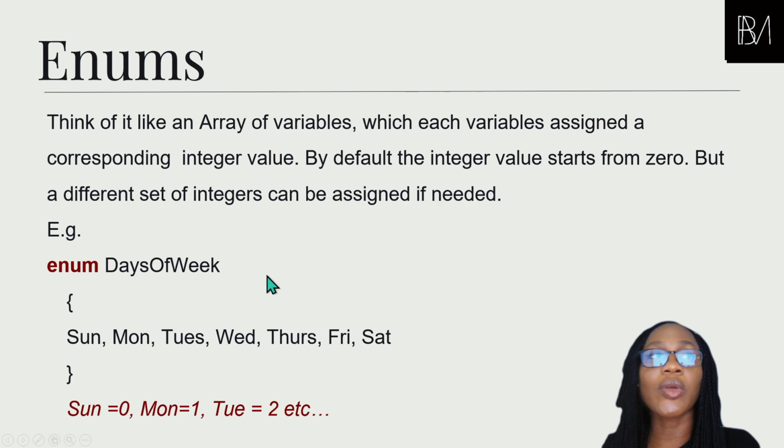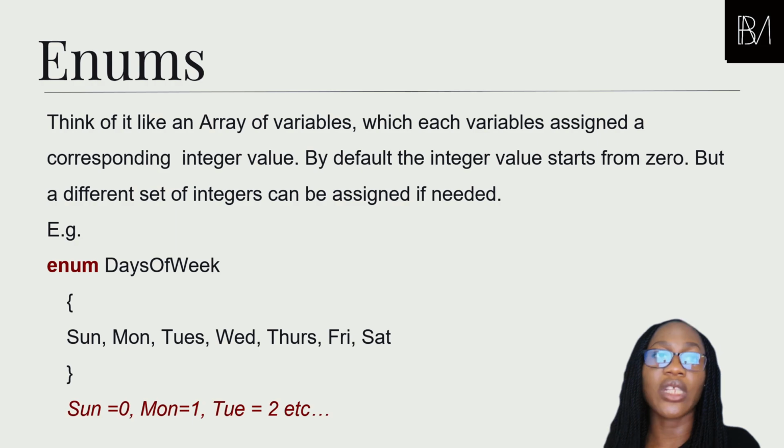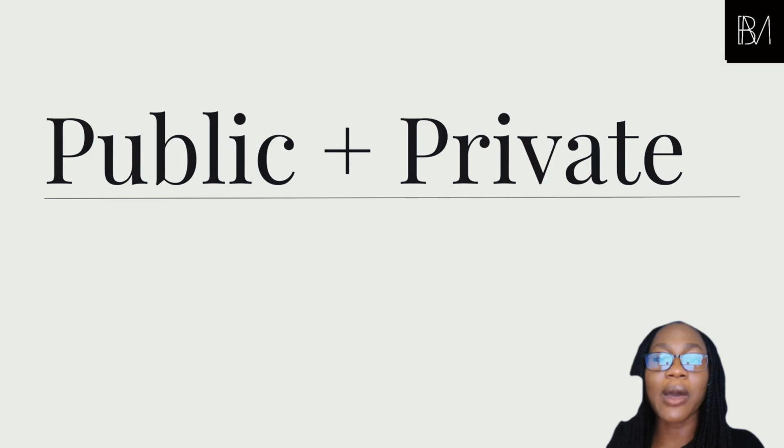So if you don't want it to be, for example, 0, 1, 2, 3, you want it to be 10, 11, 12, you can do that, but it's usually fixed and unchangeable. So you would do this when you don't want someone mistakenly overriding the data that you've created in your list of variables. Awesome.